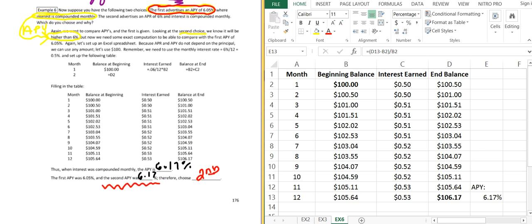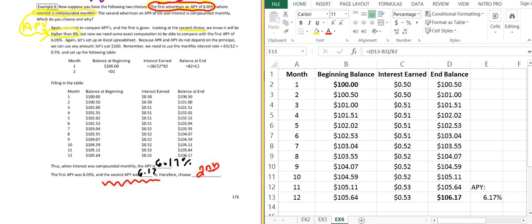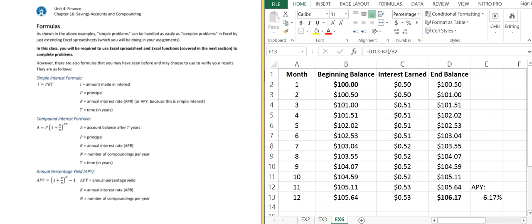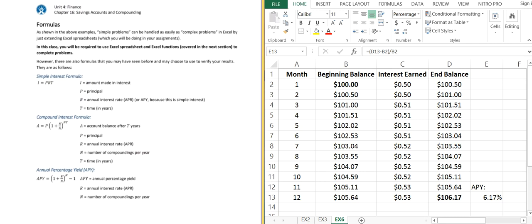So the last part of this little section before the next group activity gives you some formulas. These are just for your reference. Those of you who've had some of these interest concepts maybe in other classes might recognize the simple interest formula or the compound interest formula. I really don't want you to use these in my class.